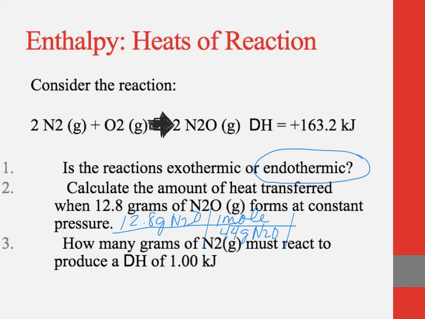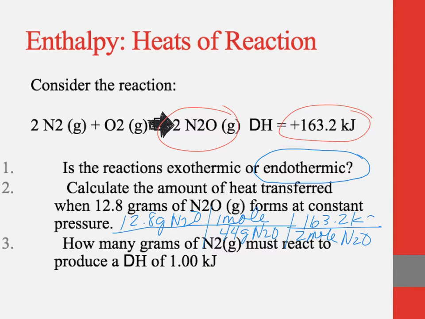And in this case, we know that 2 moles of N2O absorbs 163.2 kilojoules. My grams cancel, my moles cancel, and I'm left with 23.7 kilojoules.